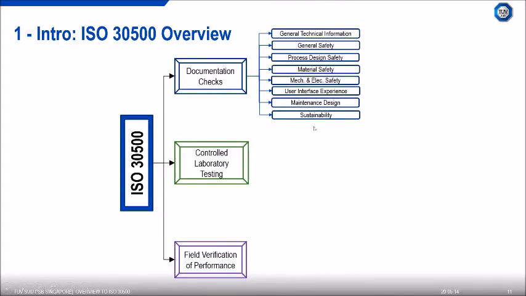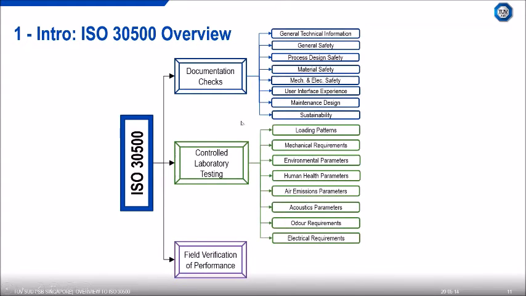Under document checks, there are quite a few things that as a manufacturer you need to produce to be able to meet these requirements. And under control lab testing, the major clauses are loading patterns, mechanical requirements, environmental parameters, human health, air emission, acoustic, odor, and electrical. And then for field verification of performance, we have the field testing guidelines and environmental and human health parameters.